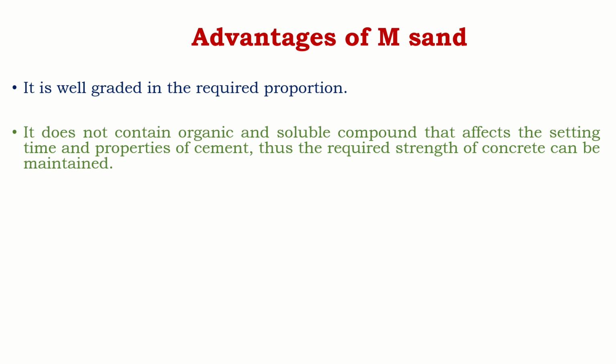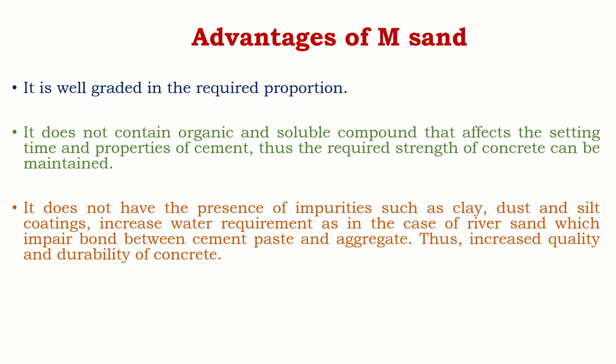Check out my video on deleterious substances in aggregates, where I talked about the impurities in aggregate. Here it is not happening, so all the properties of the concrete are maintained, and even the presence of impurities like clay and dust is very less in M sand, and therefore the bond between the cement and the aggregate surface is maintained properly.